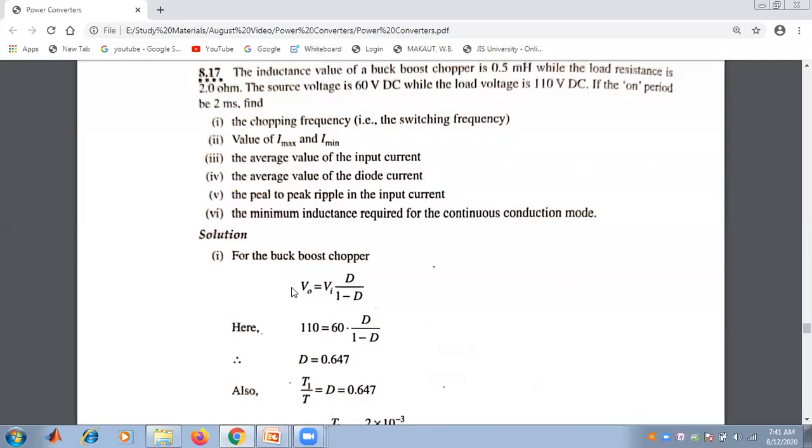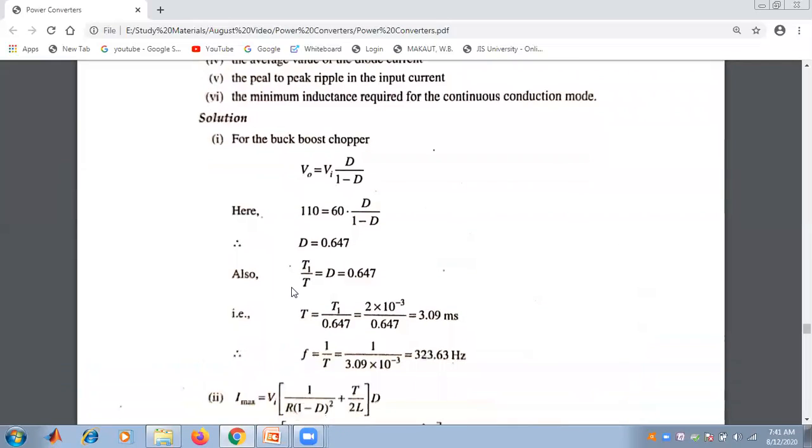Now first we will start with the chopping frequency calculation. For the buck boost chopper, this is the general information of output voltage that is known to us. So V0 is given as 110 volt in this problem, where Vi is given as 60. From that we can easily calculate the duty cycle, that is equal to 0.647.